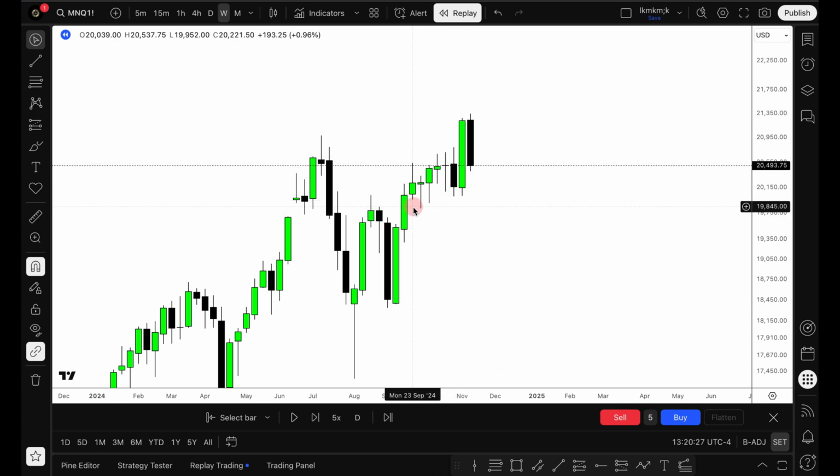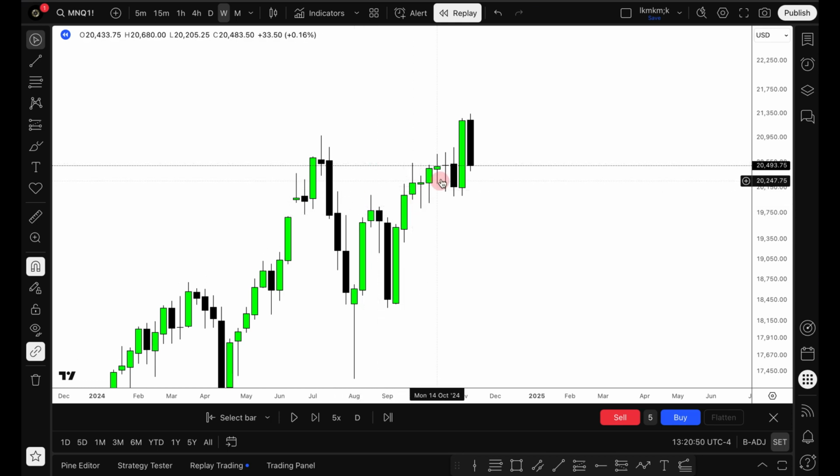So we're respecting bullish PD arrays and disrespecting bearish ones. We disrespected a bearish fair value gap here, where price rebalanced this fair value gap with this candle and then moved higher.